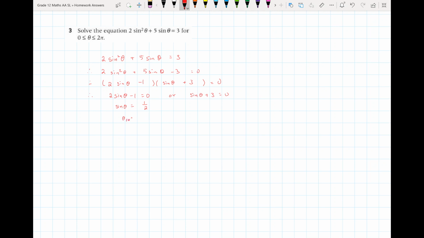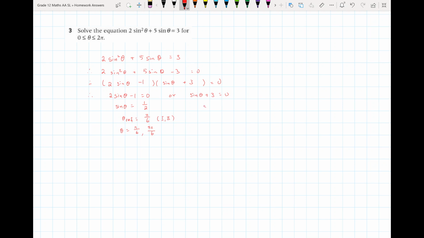So the reference angle is pi by 6, and then we want both the first and second quadrant answer. So the angles would be the first quadrant answer, which is the reference angle, and then we do pi minus. Pi minus will be 5 pi by 6 as a final answer.